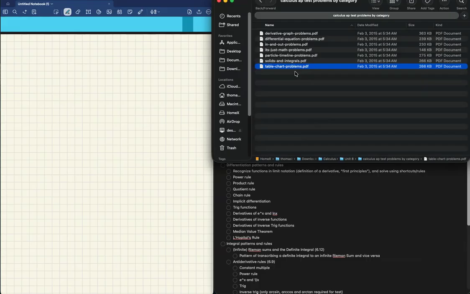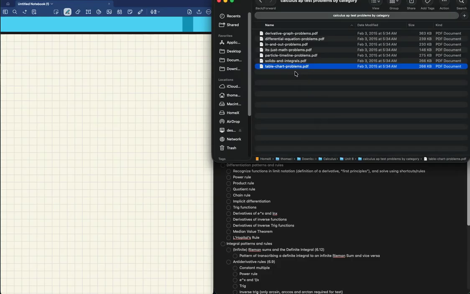One of the few things you can actually do with table chart problems is apply the mean value theorem, which is to say, if there is an average rate of change, which you can simply determine by plugging values into the rise over run, then there must be a specific point in the interval that we're looking at that has a tangent line with that specific slope.